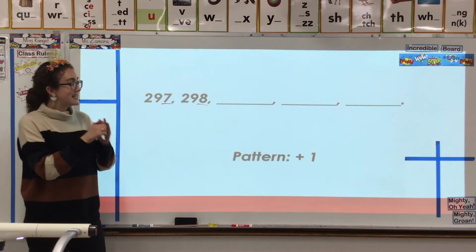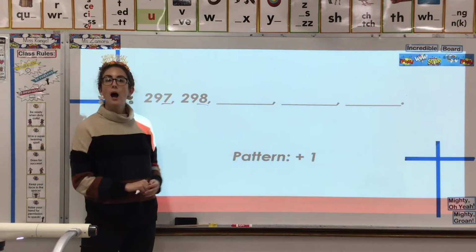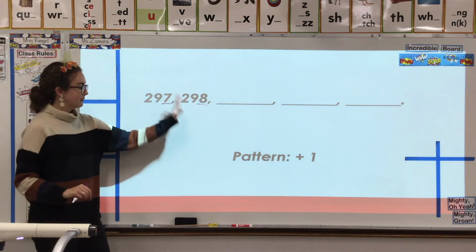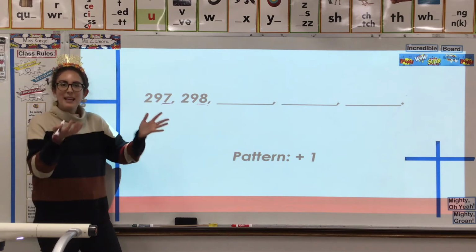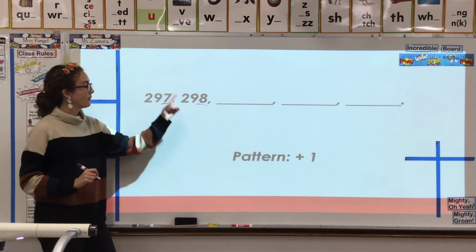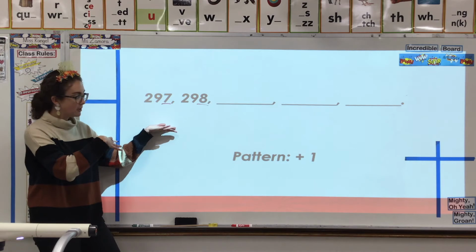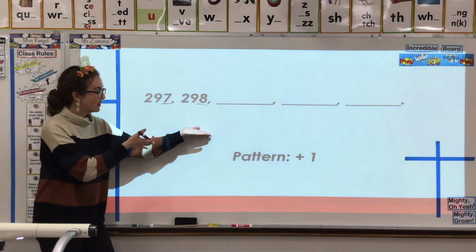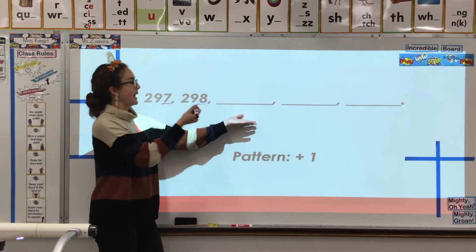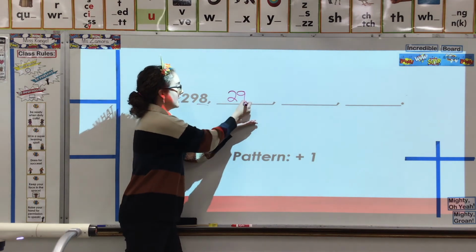We need to continue counting up by ones. Can you write it with us? Can we count together while you write? So we've got 297, 298. What would be next? 299.